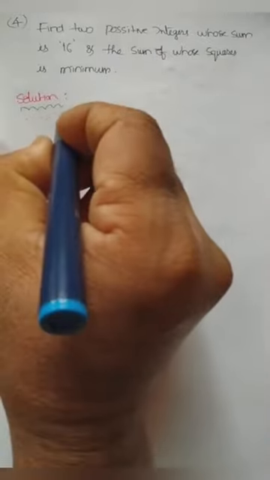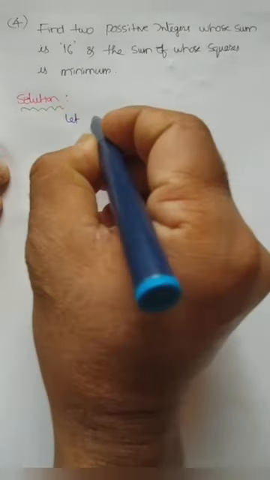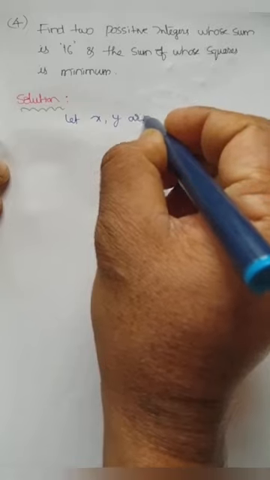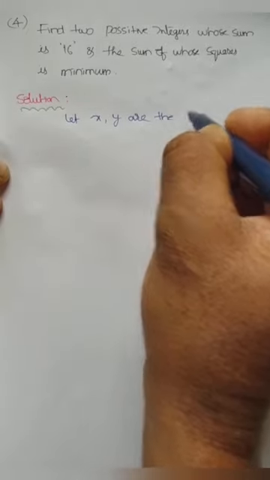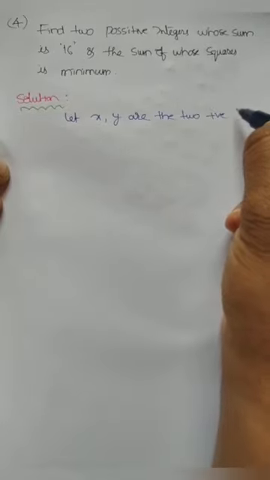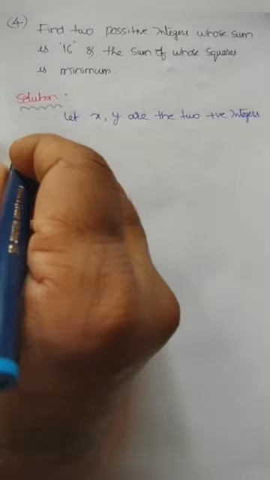Okay. Now in the solution, let small x, small y be the two positive integers.